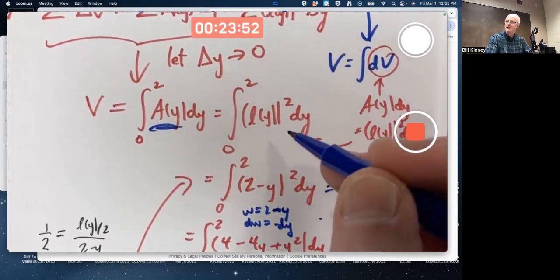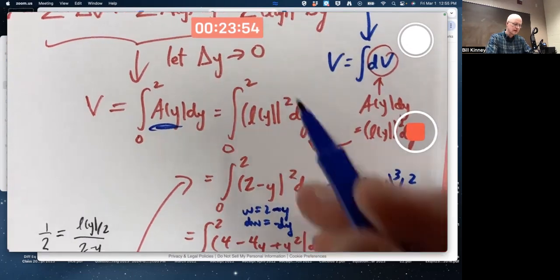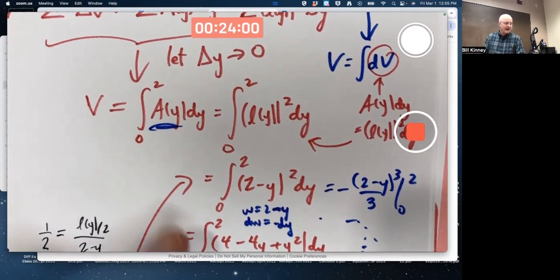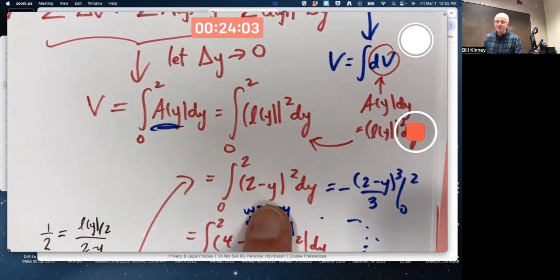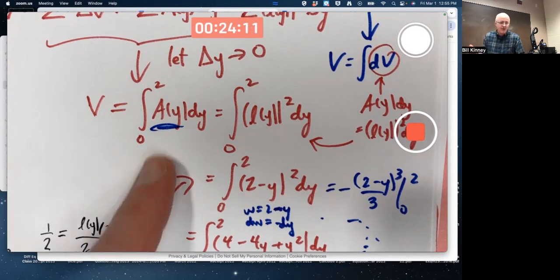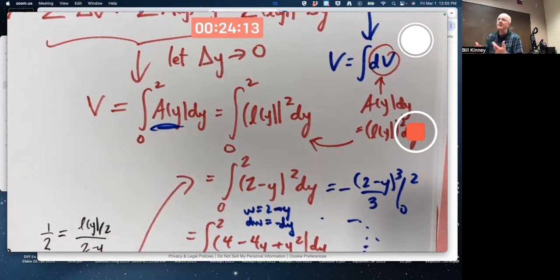And for this example, because the cross sections were squares, that's the same as L of y squared. If they were not squares, but they were like circles, then A of y would be something else. Pi times maybe r of y squared, where r is a radius of a cross-sectional circle. What A of y is depends on the shape of the cross section.